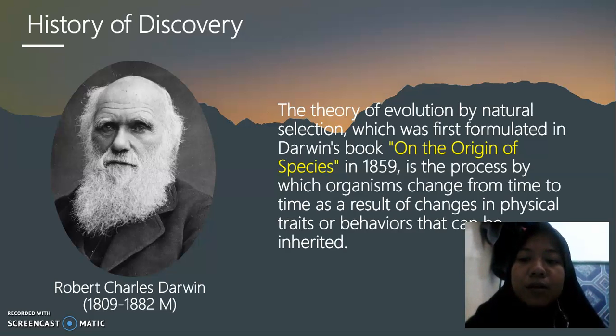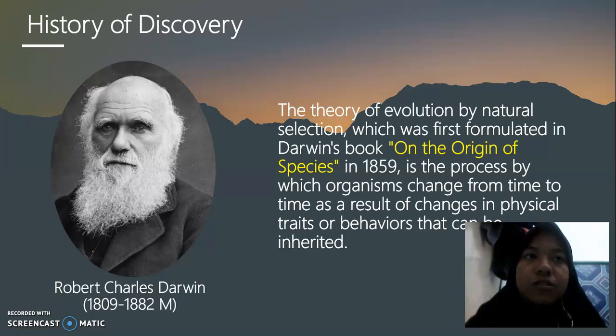So this is the end of my presentation. It's about the history of discovery. Natural selection was discovered by Charles Robert Darwin. The theory of evolution by natural selection, which was first formulated in Darwin's book On the Origin of Species in 1859, is the process by which organisms change from time to time as a result of changes in physical traits or behaviors that can be inherited.